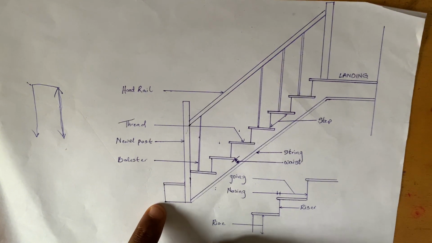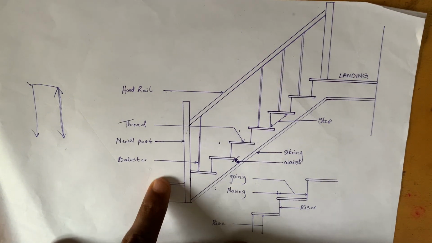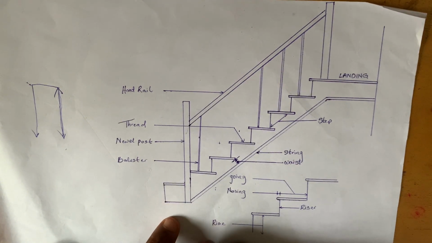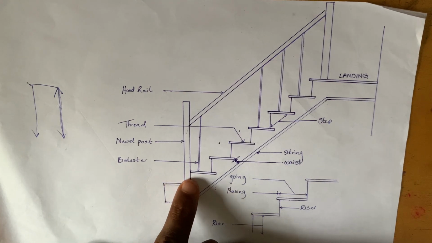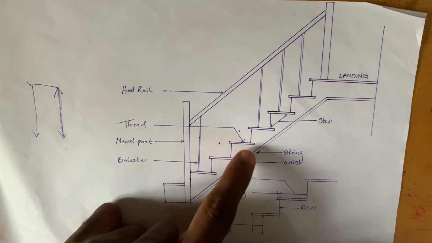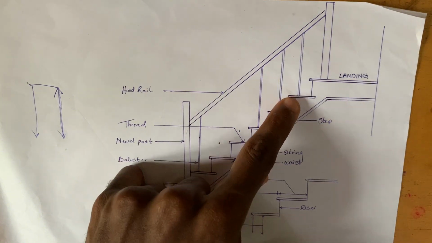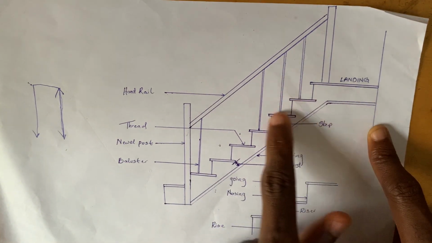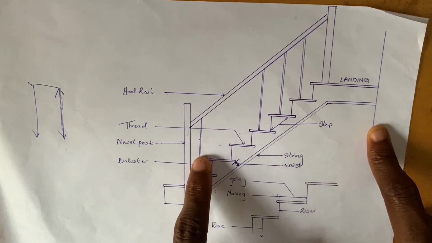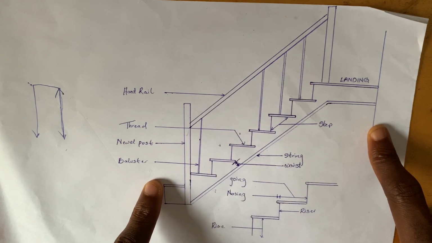Do you understand? For the risers, this is 1, 2, 3, 4, 5, 6, 7. That's 7 risers. Then for the treads, 1, 2, 3, 4, 5, 6, 7. That's 7 treads.